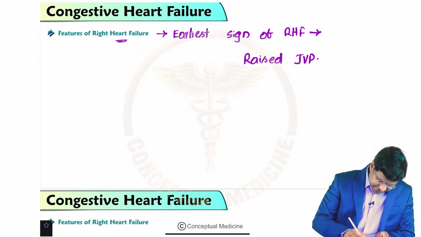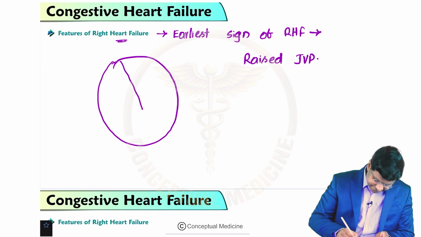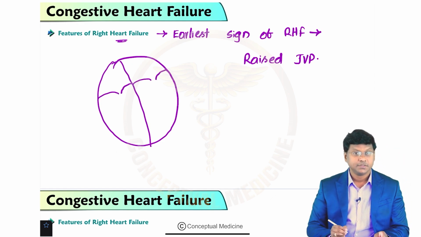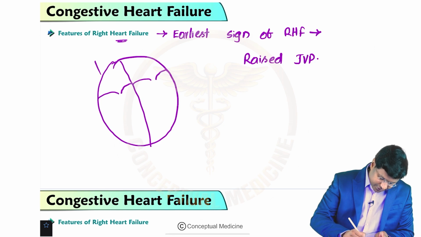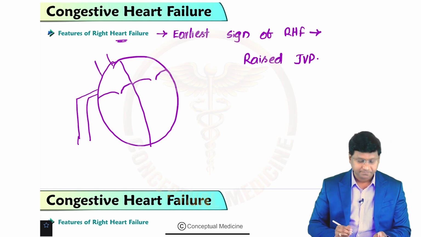So, consider this to be a 4-chambered heart, and this is the tricuspid valve, and this will be the mitral valve. Into the right atrium there is the opening of the superior vena cava and the inferior vena cava.